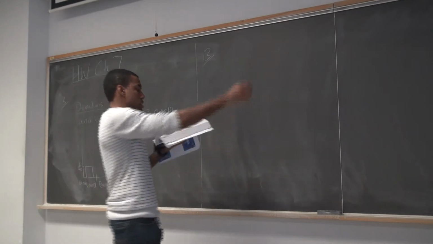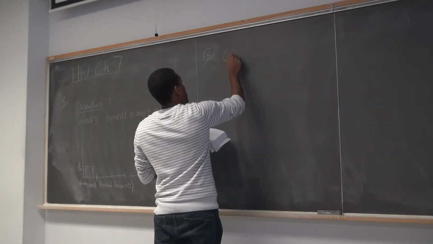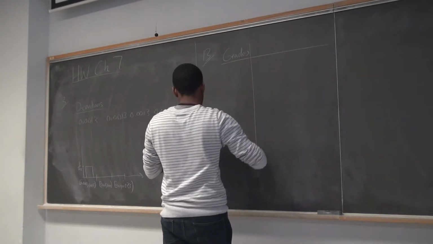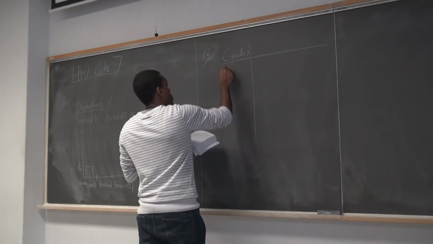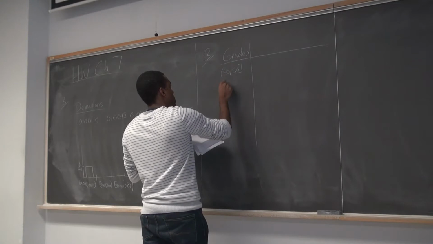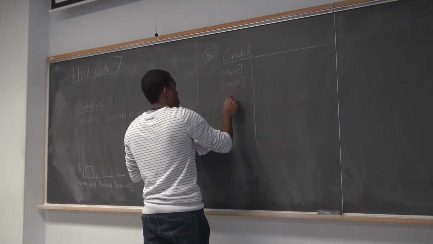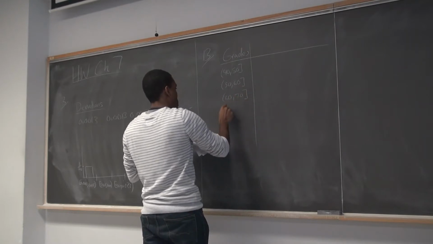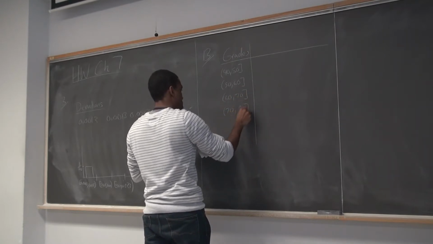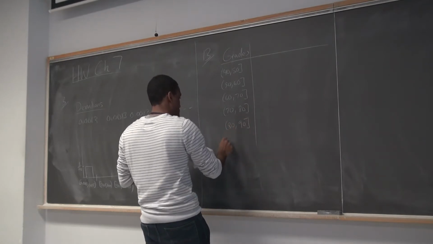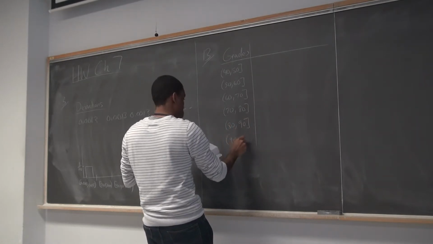So we're given these tables. We have the grades: 40 to 50, 50 to 60, 60 to 70, 70 to 80, 80 to 90, 90 to 100.